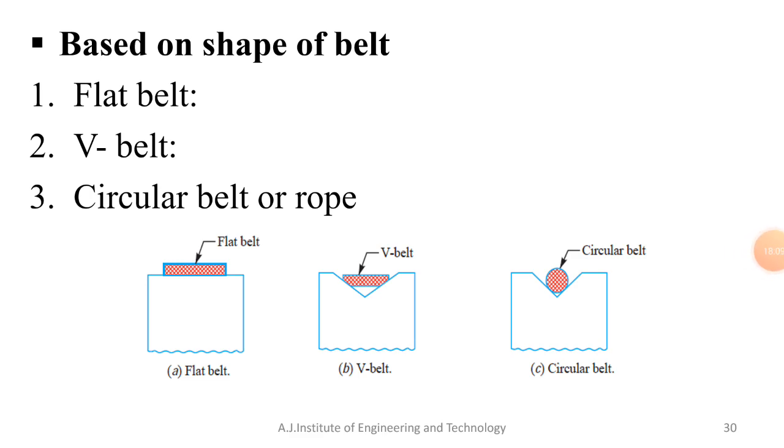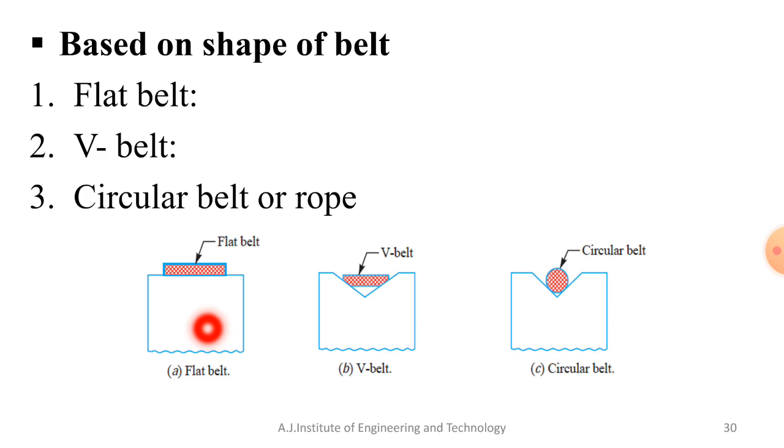Now coming to center distance, when the distance between the two shafts is usually not more than 8 meters, then the best option is flat belt. Again I will tell you, if the distance between the two shafts is not more than 8 meters, then we can go for flat belt.